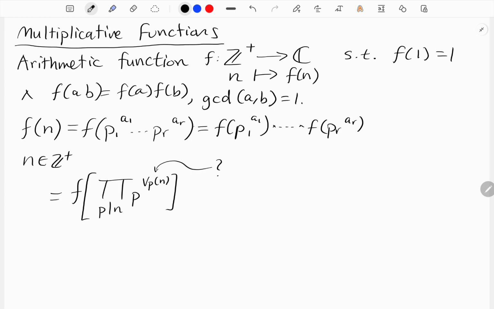The valuation of p of n is simply the exponent that this prime p is raised to in the prime factorization of n.